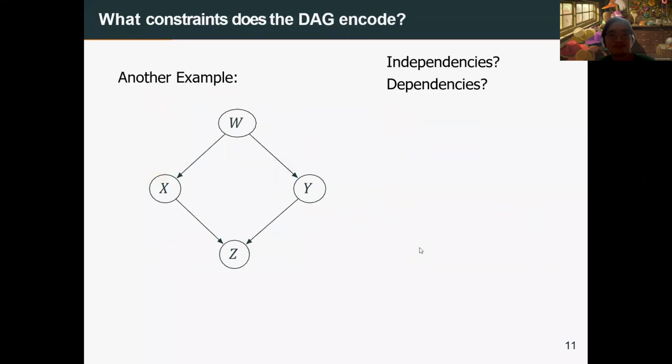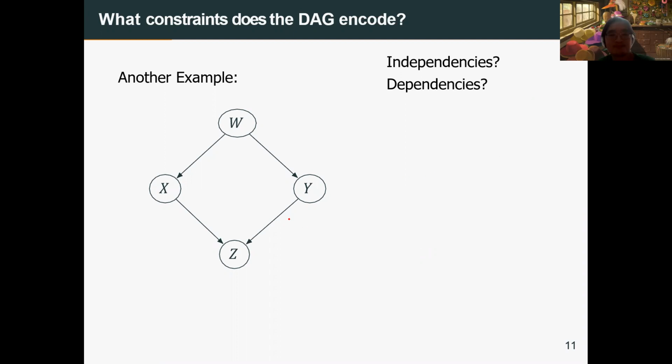So then let's go to another, more complicated example where you have these variables W, X, Y, and Z. And suppose that this is the true model. There are certain independencies that we can tell from this graph, right?